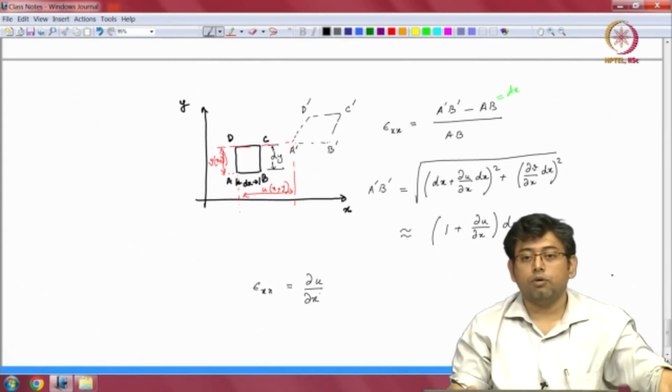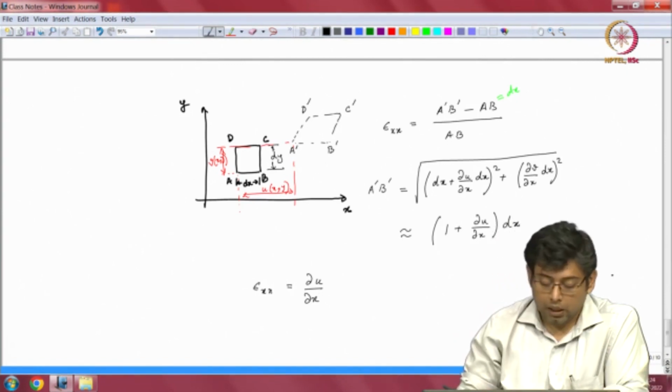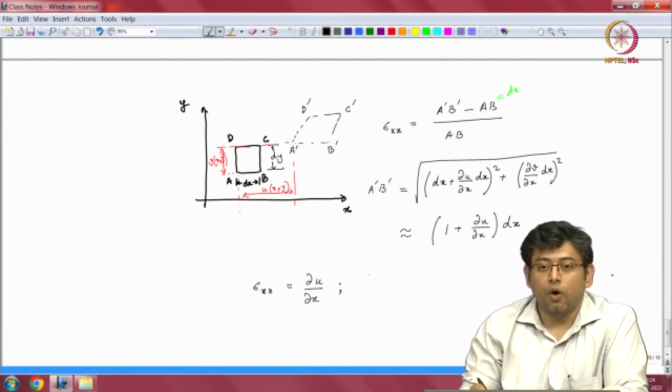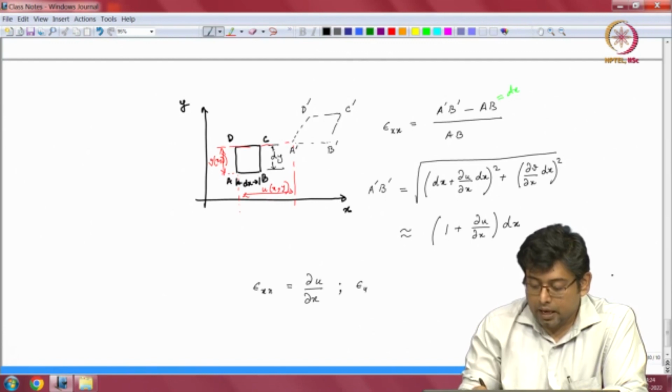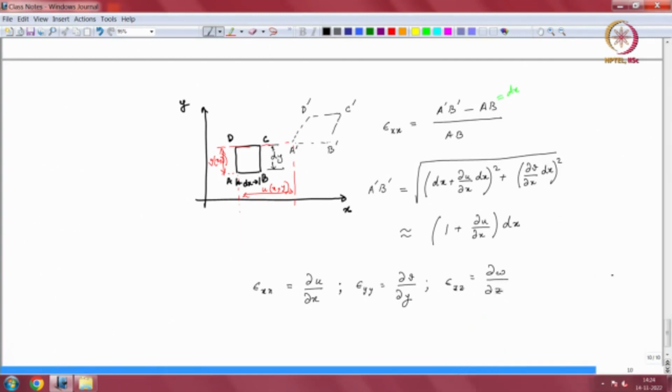So, this is something that you might be very familiar with if you have done a course in strength of materials or solid mechanics. Similarly, for a 3-dimensional problem, if you ever want to extend this, you can just go ahead and quickly show that the strains in the other directions are given as these, right.